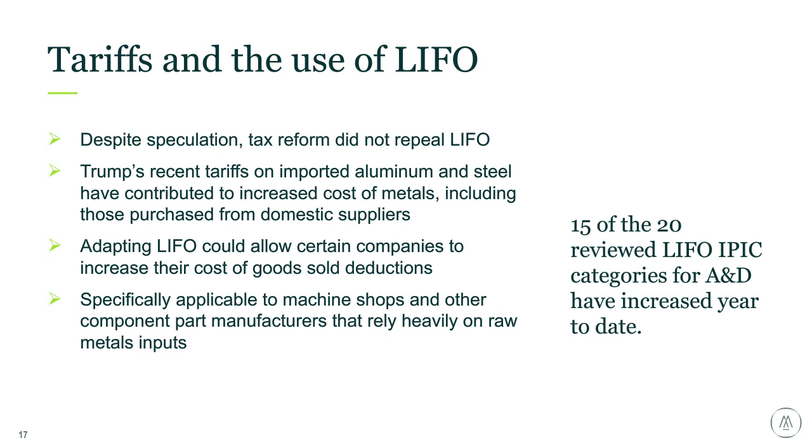And so this could present an opportunity for companies that are seeing a large increase in their raw material costs as a result of these tariffs. These tariffs, as many know, were put in place early last month, and they include a 10% tariff on imported aluminum and a 25% tariff on imported steel.